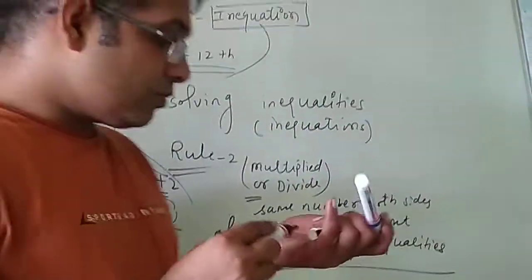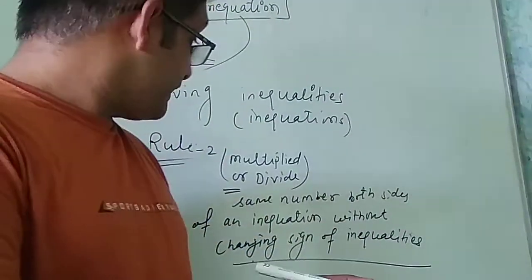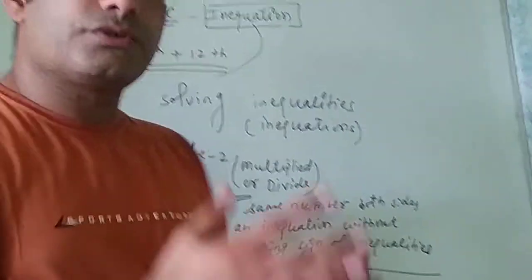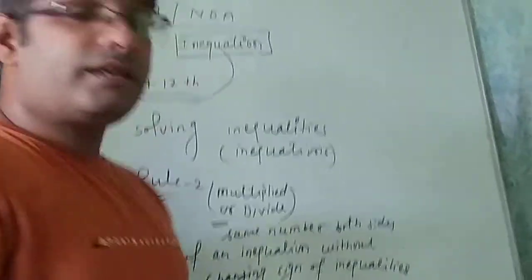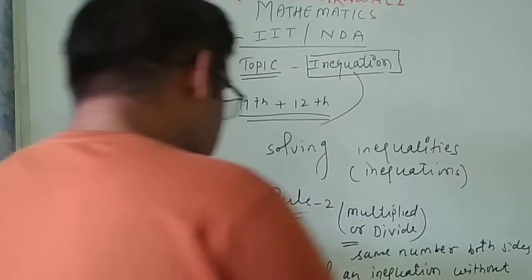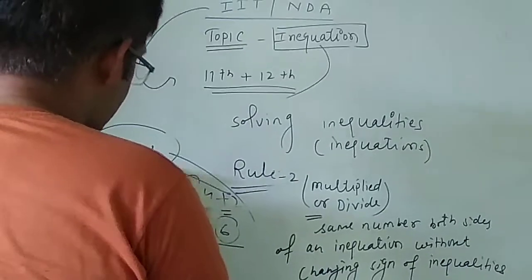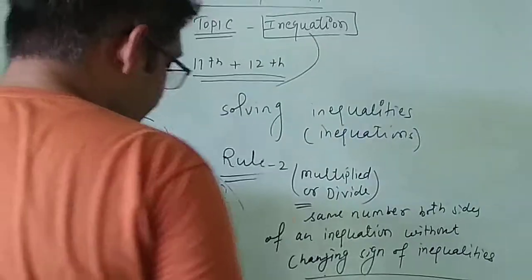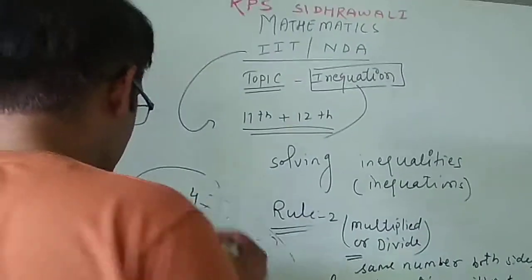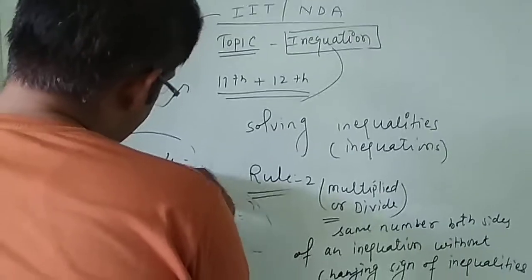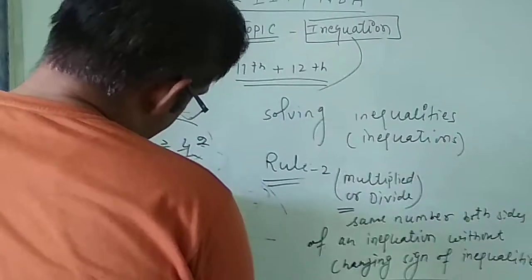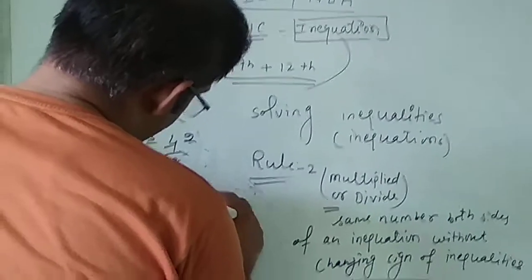As you know, the first rule is on the operations of addition and subtraction, and the second rule is on the multiplication and division operations. For example, as we see the same inequation 3x greater than or equal to 4, if I divide by 2 on both sides, it becomes 3x by 2 greater than or equal to 2.